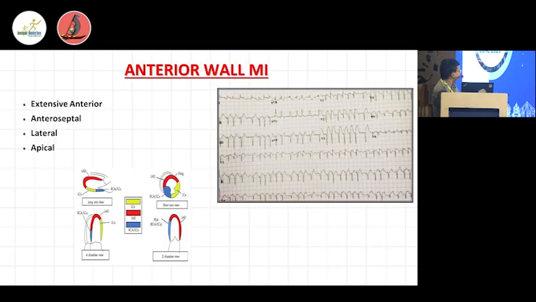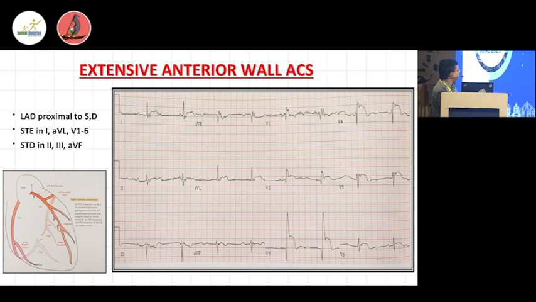The basal part of the septum is by the RCA, and the lateral basal part is by the LCX, the circumflex artery. And the last one is the left ventricle two-chamber view, where the focus is on the left atrium and the left ventricle only. Here, if you correlate with the right lower panel, this part is predominantly supplied by the LAD, and this part by the PDA, mostly from the RCA.